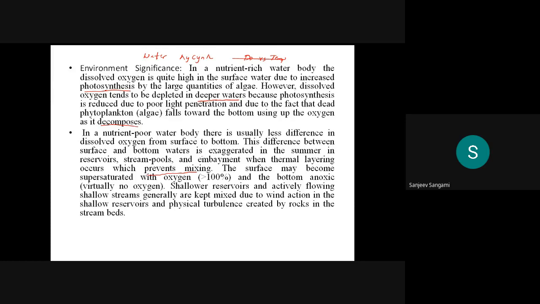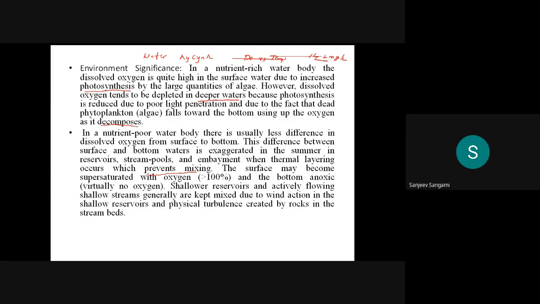So this is what is going to happen with the temperature. As the temperature goes on increasing, it has its own effect on the dissolved oxygen. The surface may sometimes become supersaturated with oxygen, greater than 100%. If I say saturation, I already said that the maximum saturation we can expect is 14.4 milligram per liter.